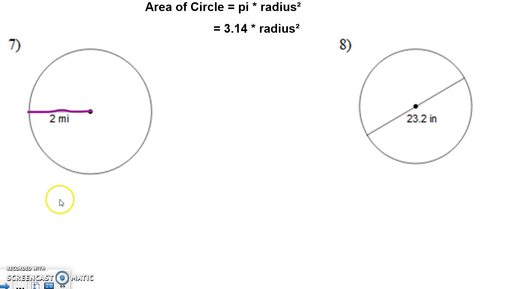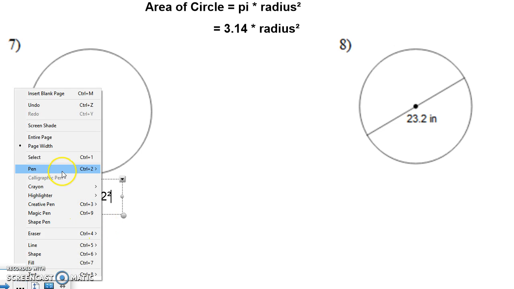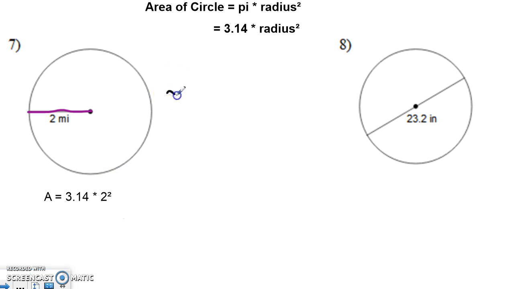So to figure out our area, I would do 3.14 or pi times my radius, so times 2 squared. And remember, the square button is the one that looks like the X with the square on top. It's right below the little caret button. So remember, to square something, you can just do the button that looks like this, X, and then it has like a little 2 on top.